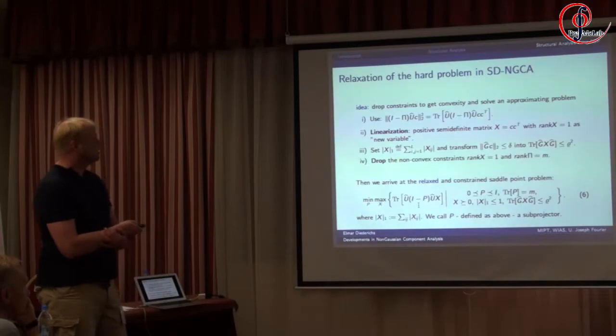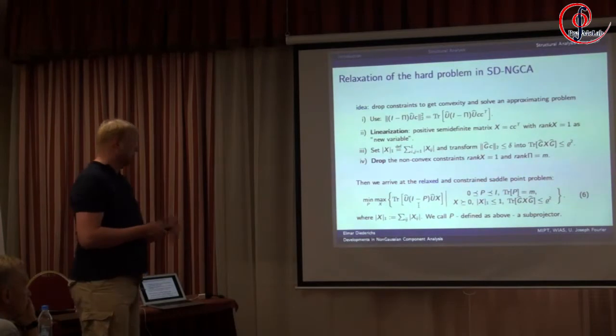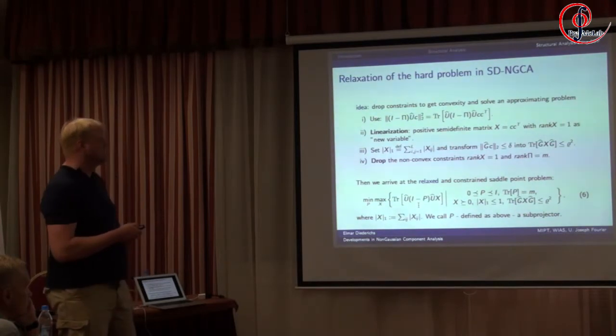Okay, so the thing that we have to do is we have to relax the problem. How can we do it? So first of all, we translate this norm problem into a trace problem. And we make some kind of linearization. This is more or less standard. So we introduce a positive semi-definite matrix as a product of the vectors and coefficients with rank 1 as a new linear variable.